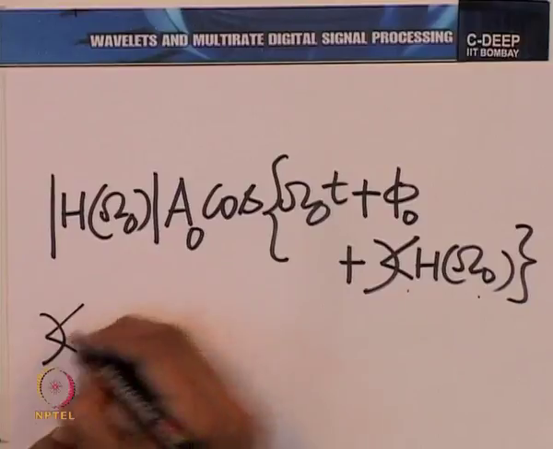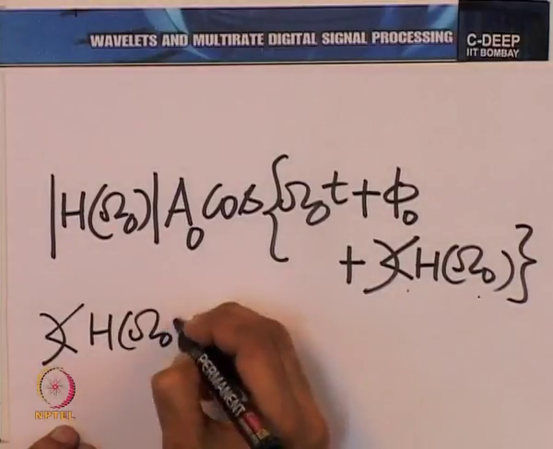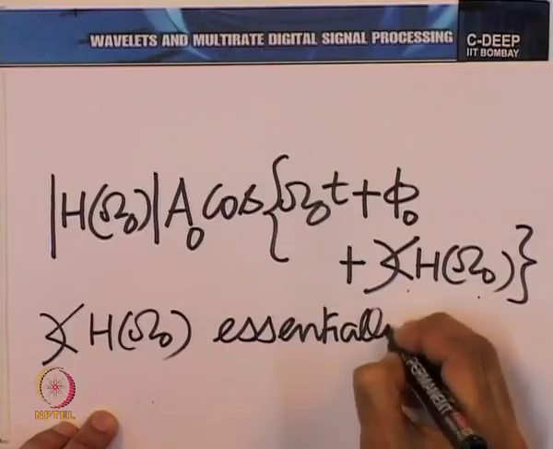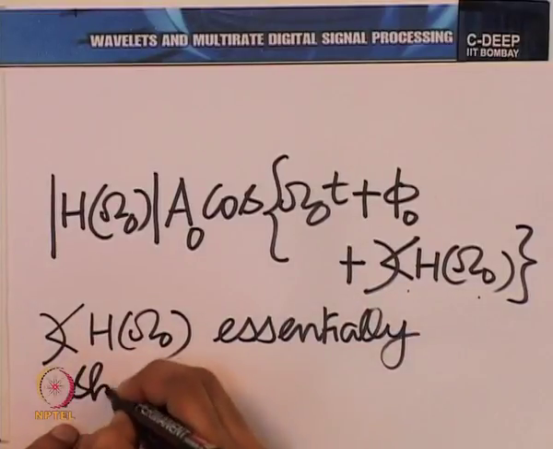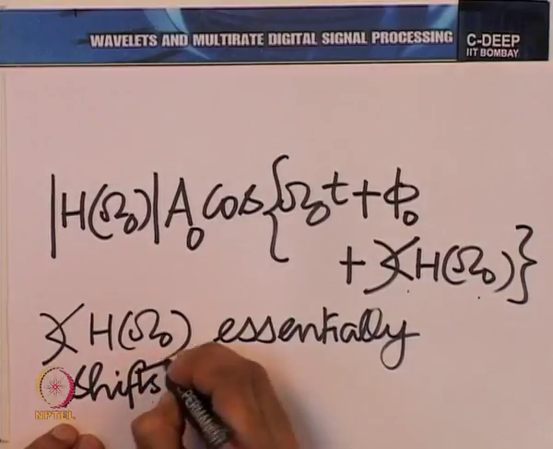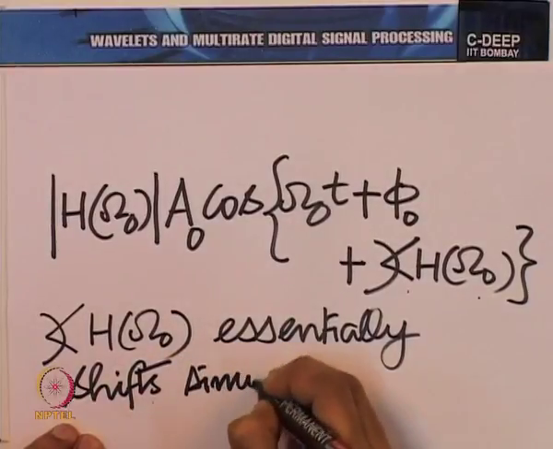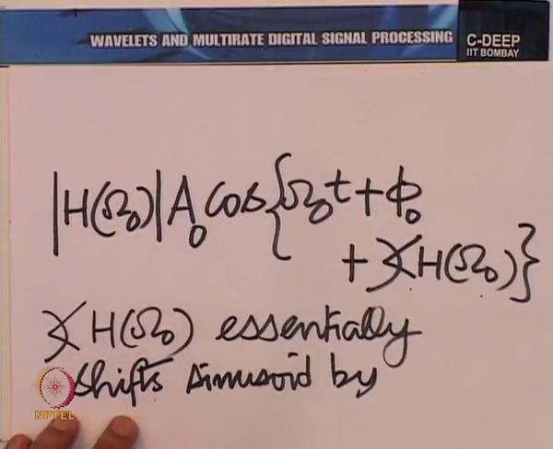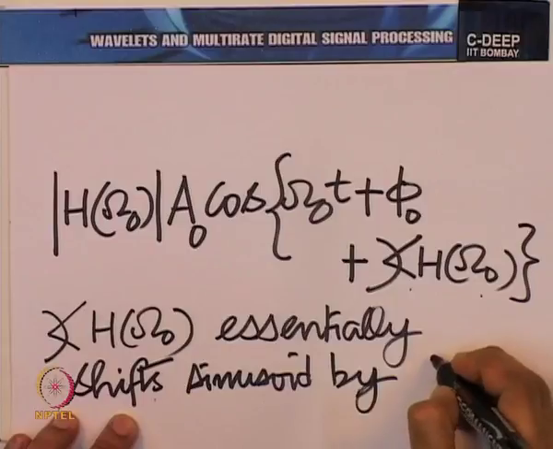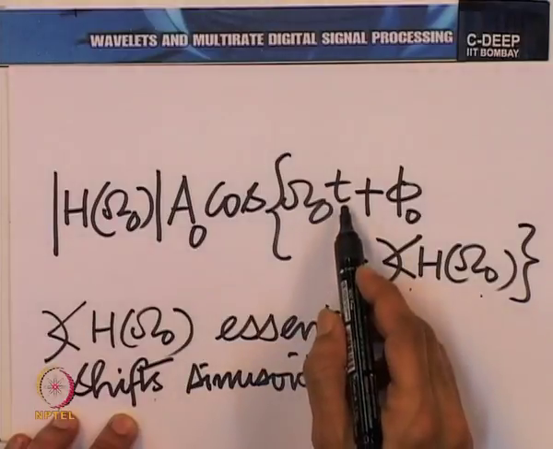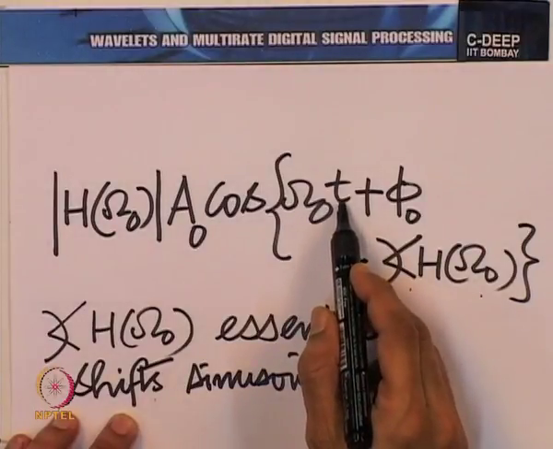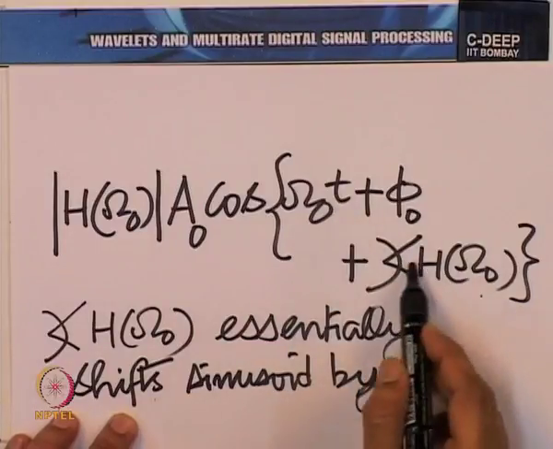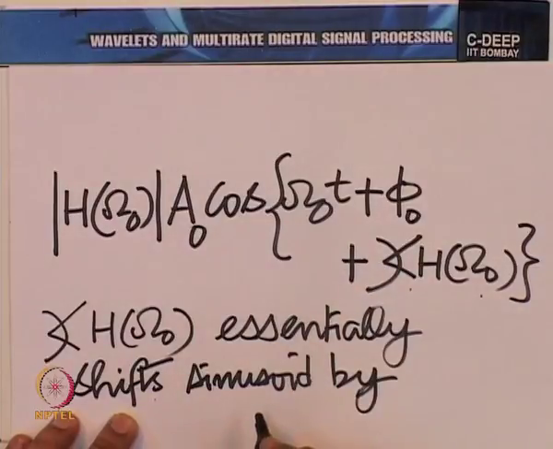So, angle h omega naught essentially shifts the sinusoid by an amount such that t is to be replaced by t plus something, and that something is given by this angle divided by omega.